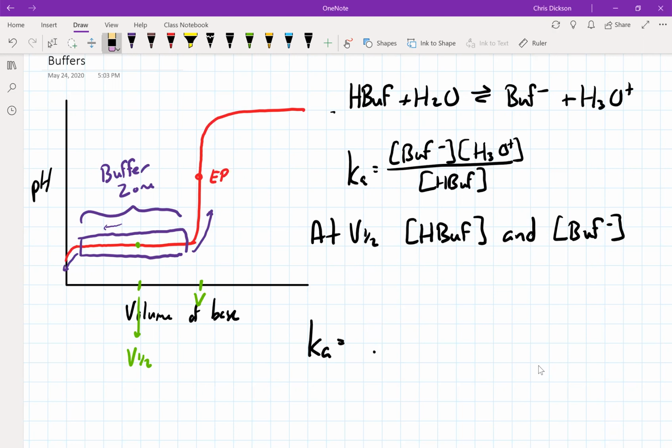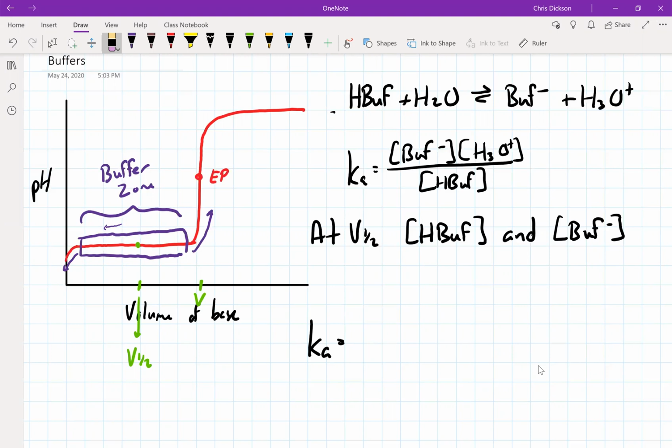Anyway, we left off with this question: if we're at V half, which is half the volume of base required to neutralize the acid, what can we say about H buff and buff minus? Well, if this is a titration curve and you're at V half, then you should have neutralized half of the acid that was available.